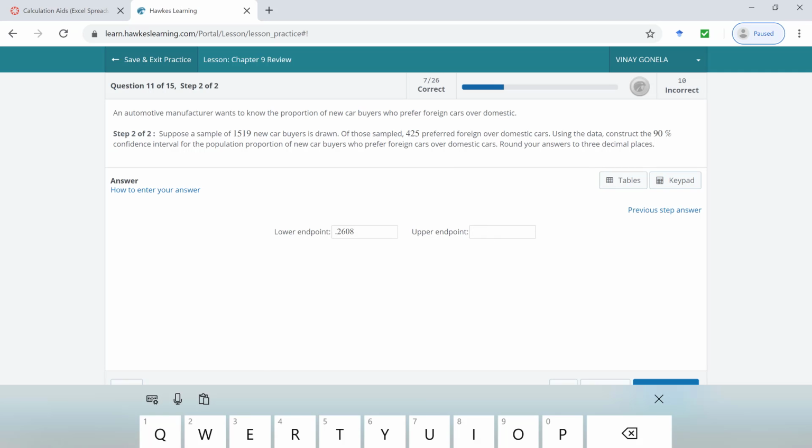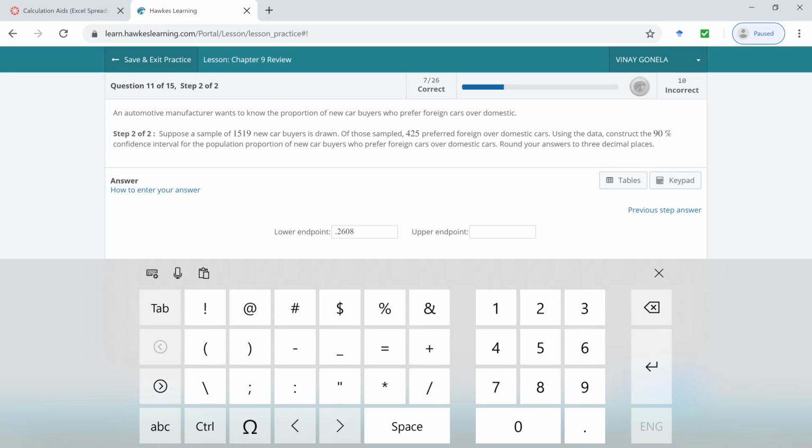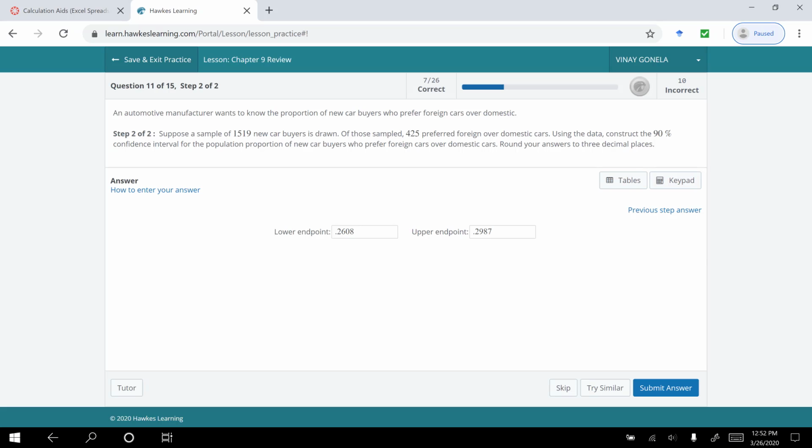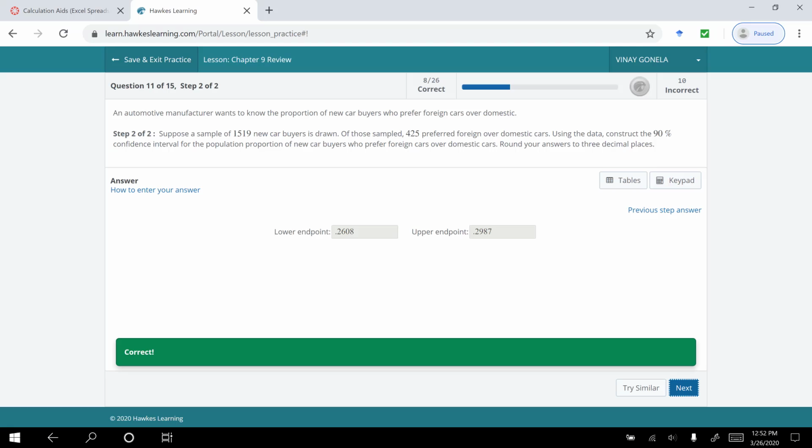So that would be 0.2987 and submit. So in this case, sometimes here they asked only who prefer foreign cars.